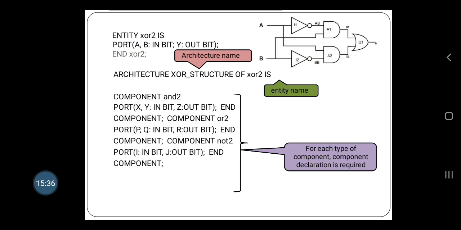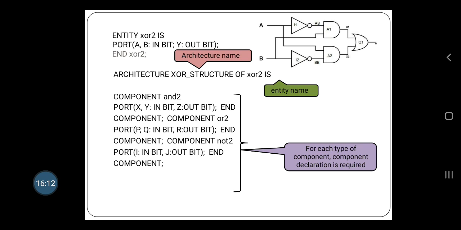And end XOR2. Then you have architecture XOR structure of XOR2 is. XOR_structure is the architecture name, and XOR2 is the entity name. Here the declaration of the components is done first. You can see component AND2, then port X, Y in bit, that's the input, and Z is the output bit, end component.